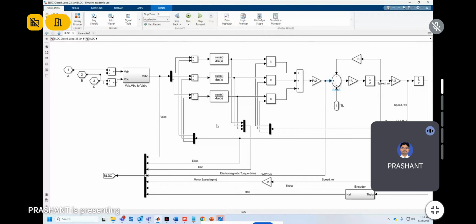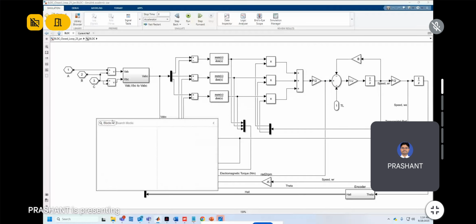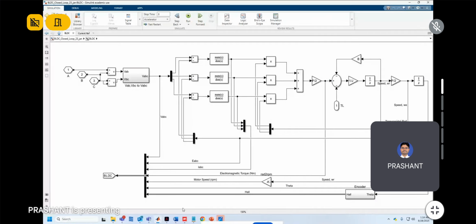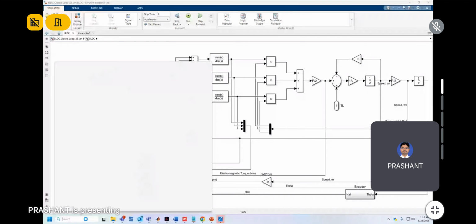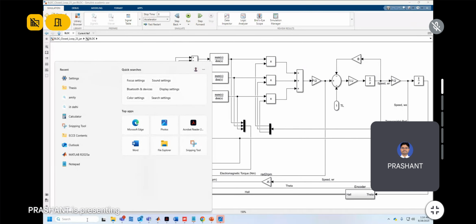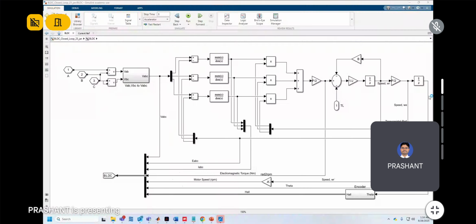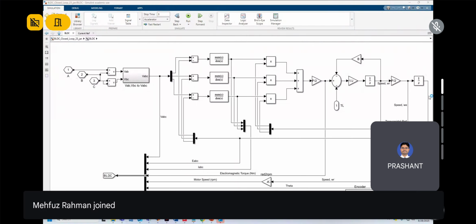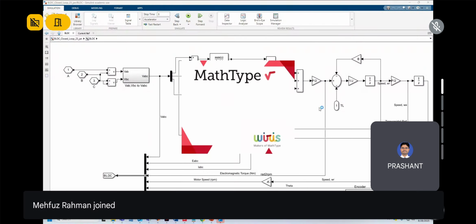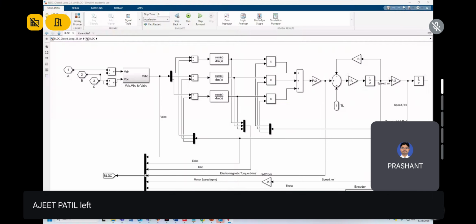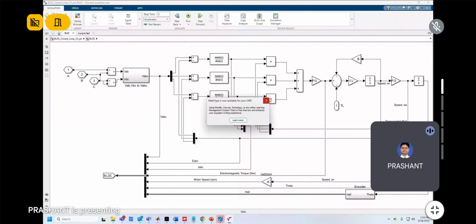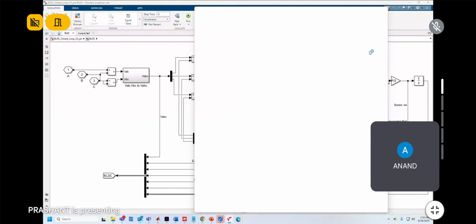Should I write these equations? Matlab is visible. Yes, sir.